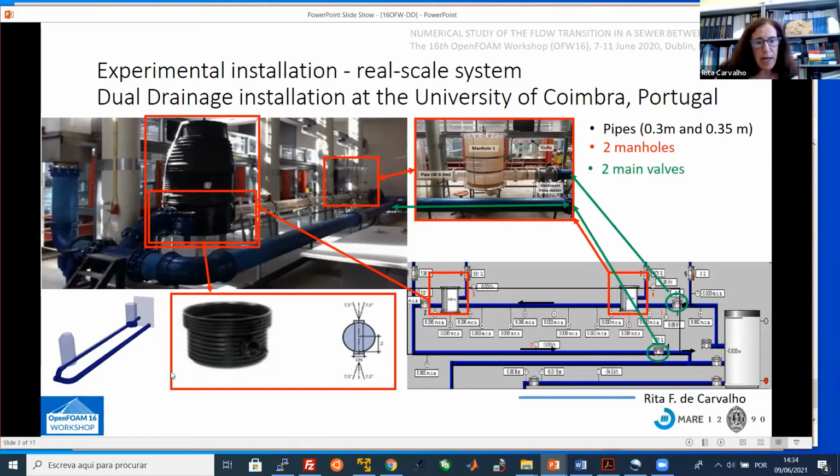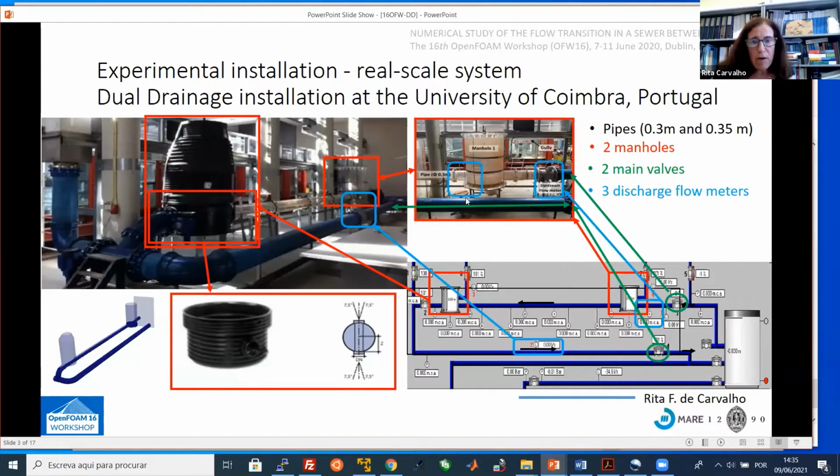So this is the schema. Also, we have valves here in the circuit that we can manage automatically. So closing that one or that one, we induce some floods. Even the water can go from the manholes to the gully and to the channel that could be a street.